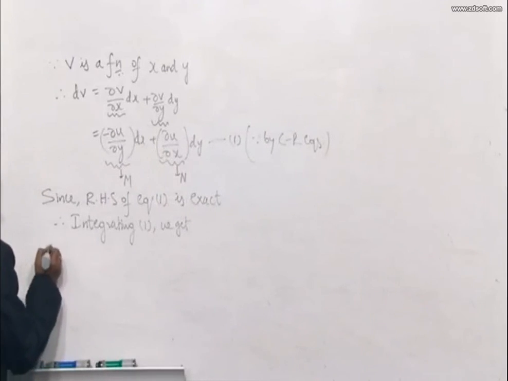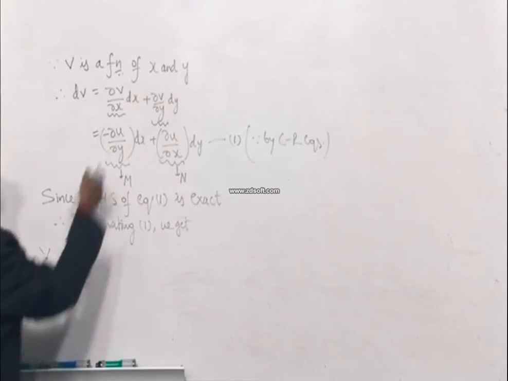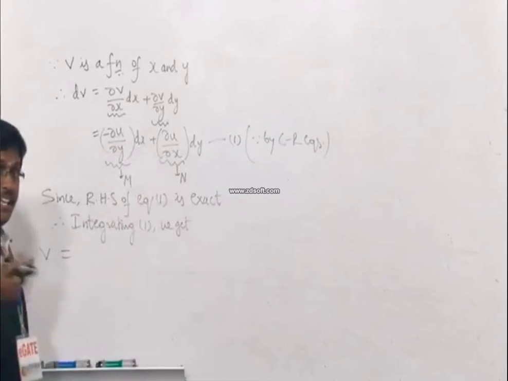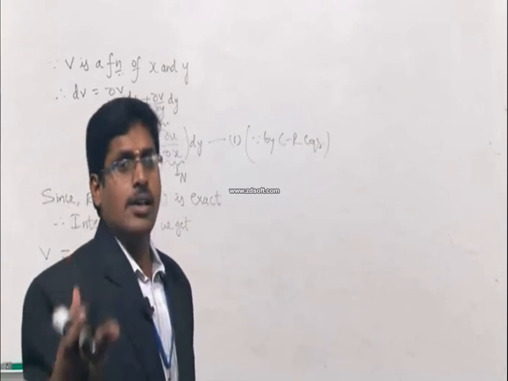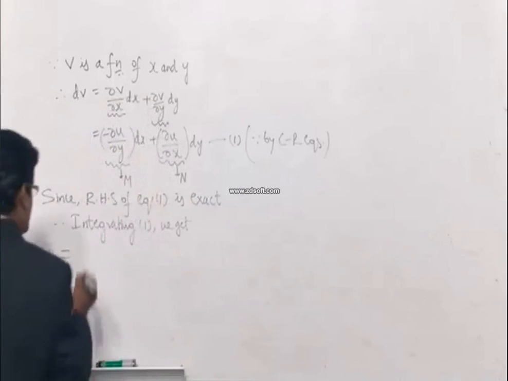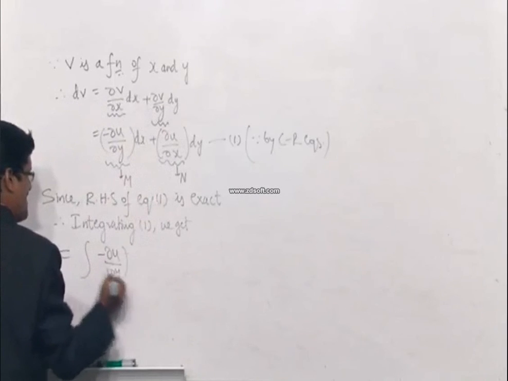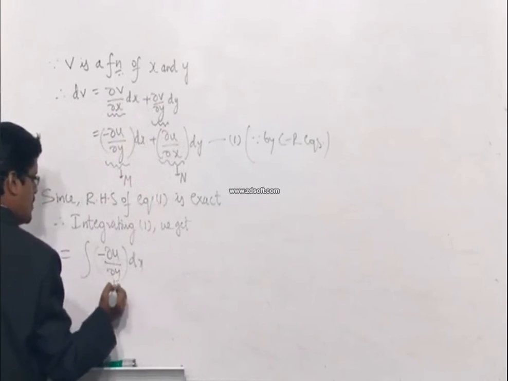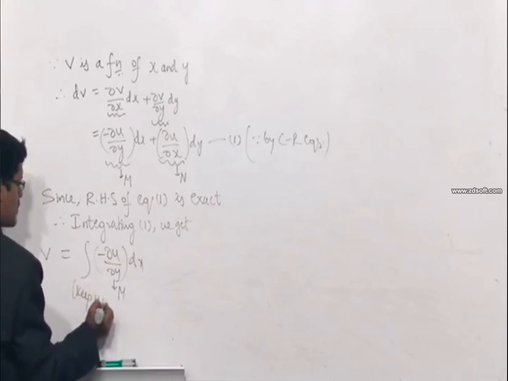We get, on the left side after integrating, the derivative cancels, which gives simply v. On the right side, whenever an equation m into dx plus n into dy is exact, how did I give the solution procedure? Integral m dx, what is m? Minus dou u by dou y dx, this is denoted by m. In this we keep y constant, y terms constant.